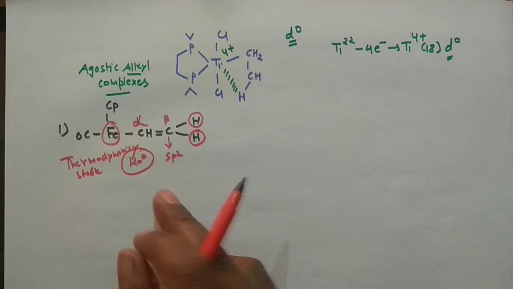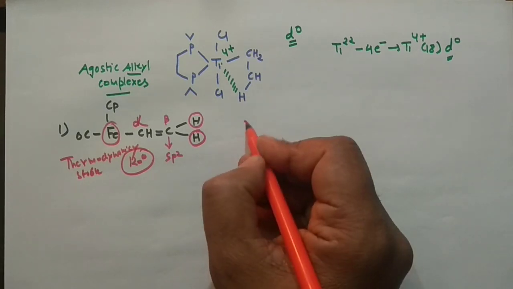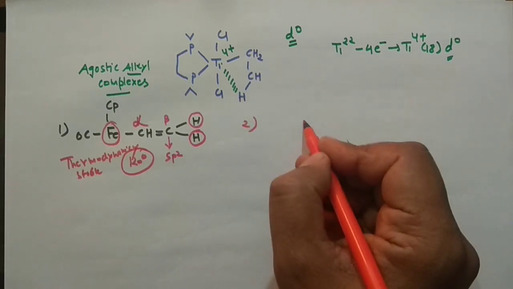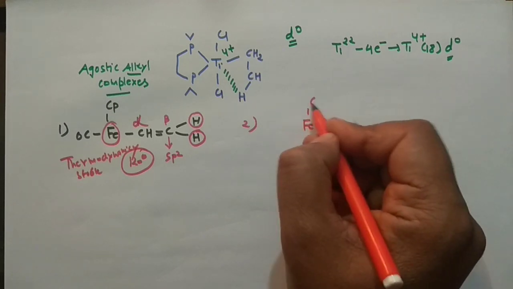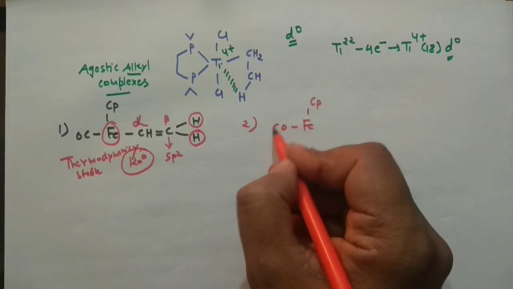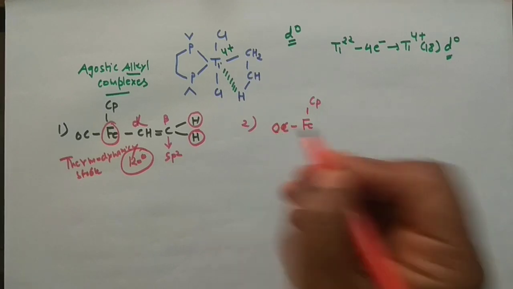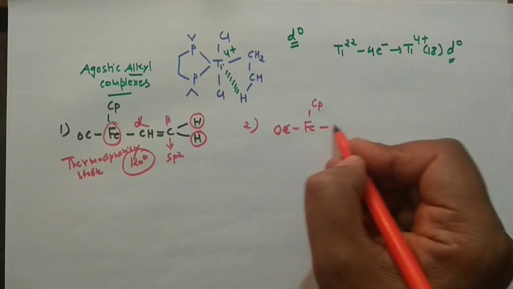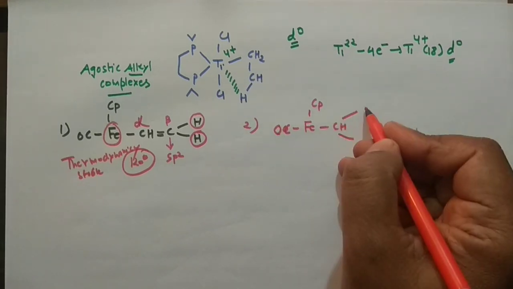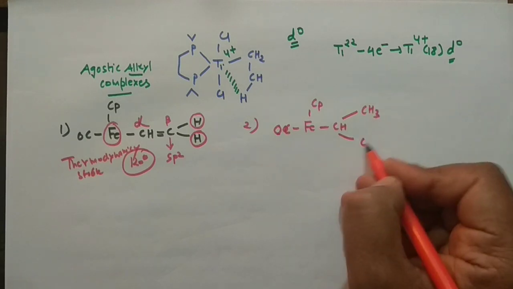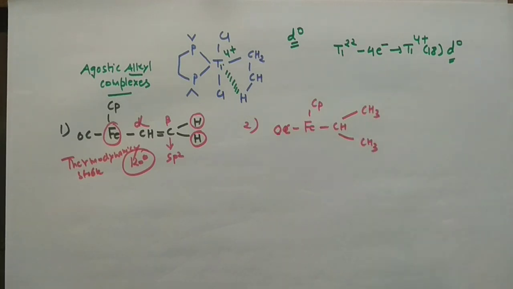Now if you have say complex number 2, I can write in that manner. Say you are having Fe, Cp, OC, just like that, and you are having CH2, CH3. So this is quite fine now.